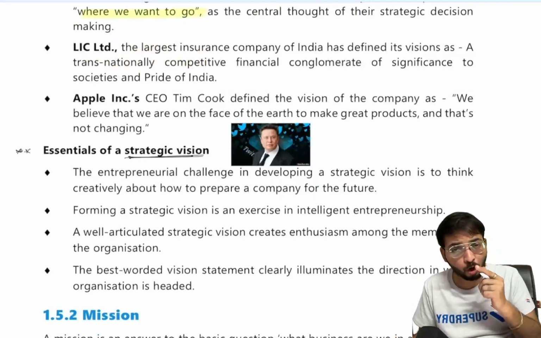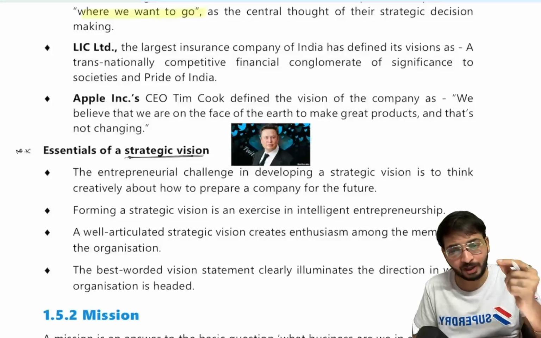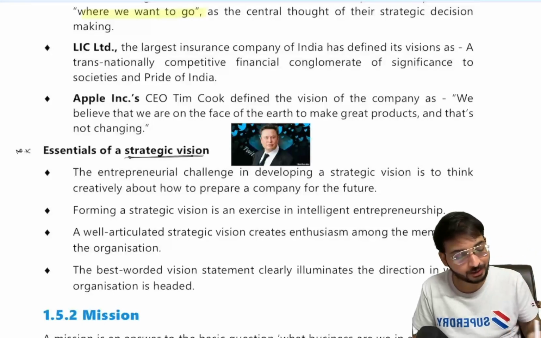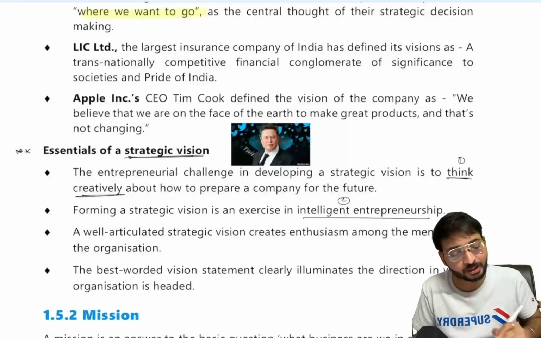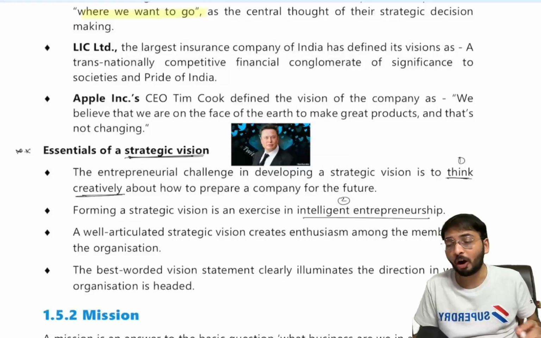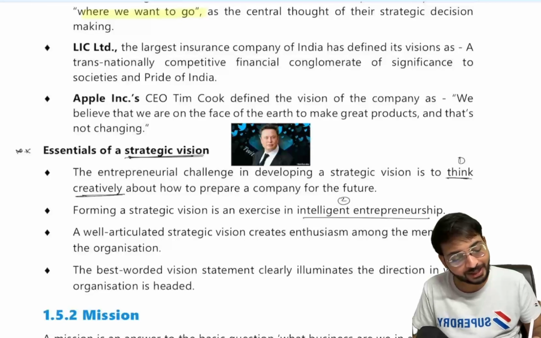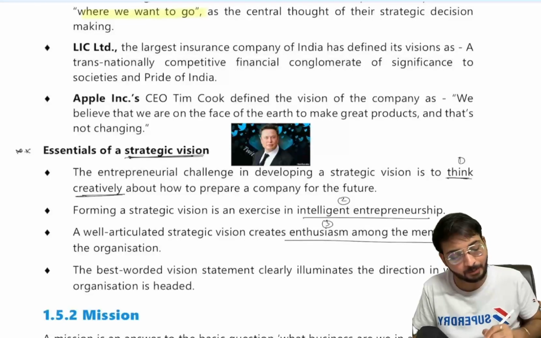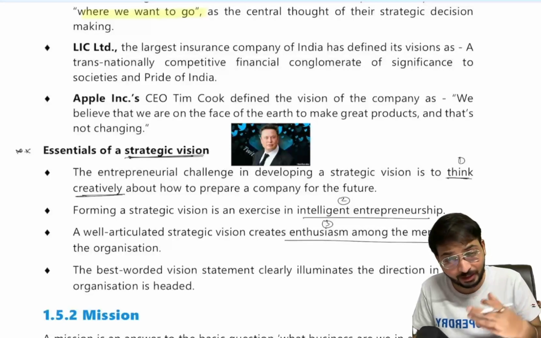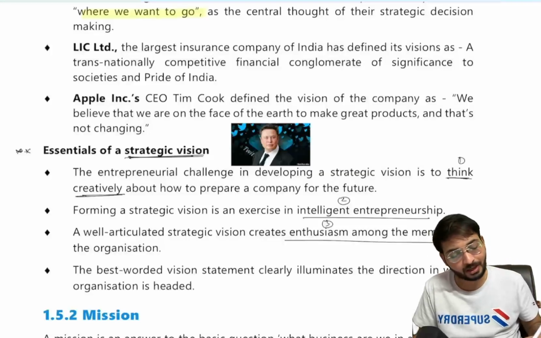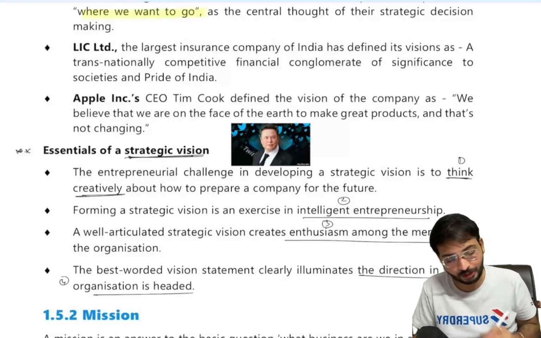Now, to call it a strategic vision, what are the essentials? Firstly, Musk always thinks creatively, so you have to think creatively. Second, Elon Musk is an intelligent entrepreneur. To form a strategic vision, you have to think intelligently. Third, creates enthusiasm among the members. Elon Musk always creates enthusiasm among the members. Last one, clearly shows the direction in which the organization is headed.